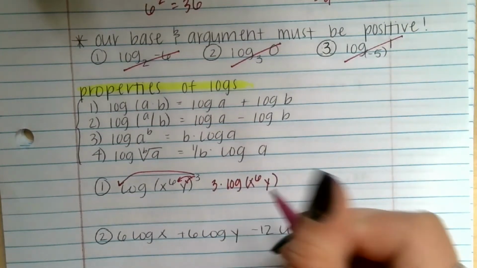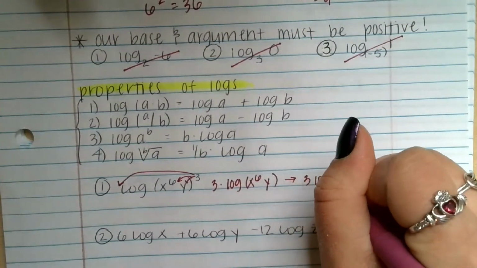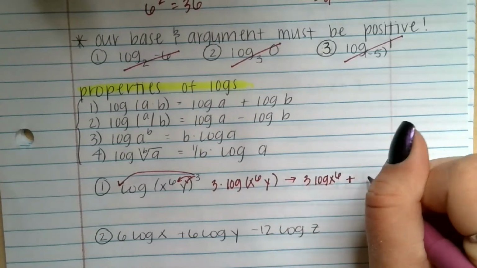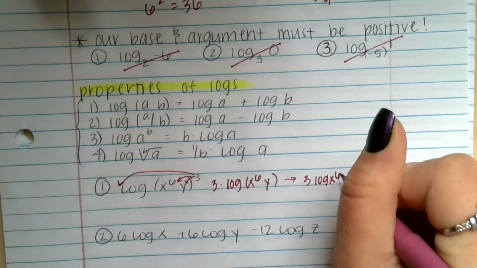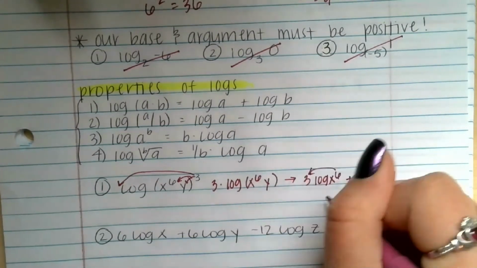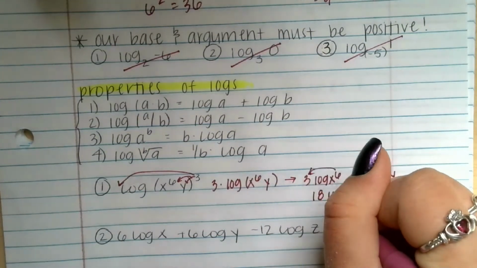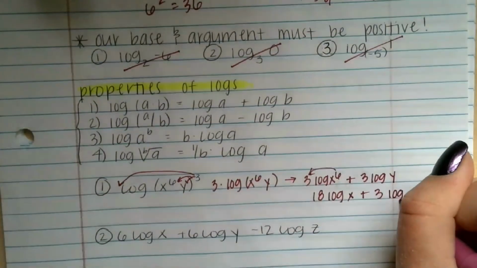And then when you split that up, that becomes 3 log x to the 6 plus 3 log y. And then you still need to bring the 6 out, so that becomes 18 log x plus 3 log y.